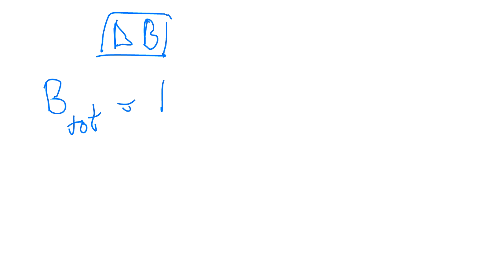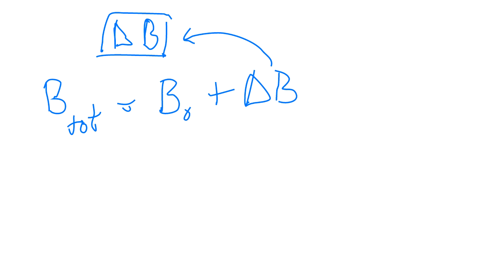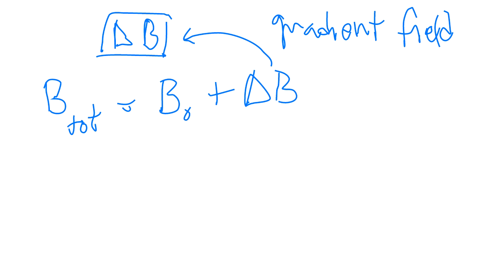If you remember, the way we set this up, we said that our magnetic field B total will be equal to B0 plus delta B, and delta B is my gradient magnetic field.